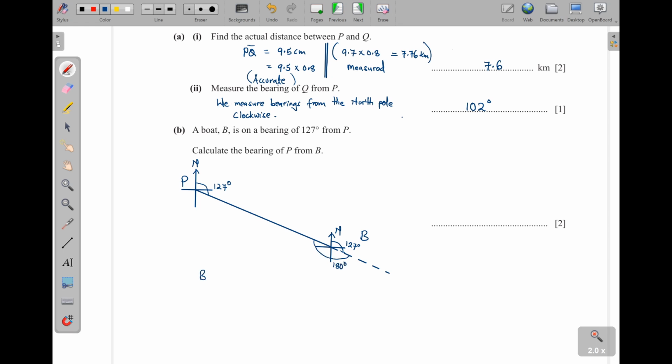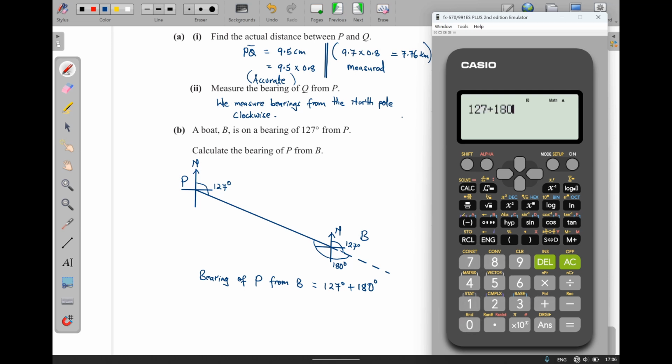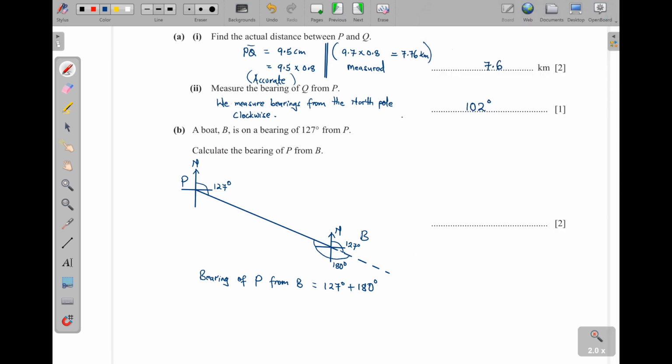So that means the bearing of P from B is going to be this 127, then plus this 180. 127 plus 180 gives us 307 degrees.